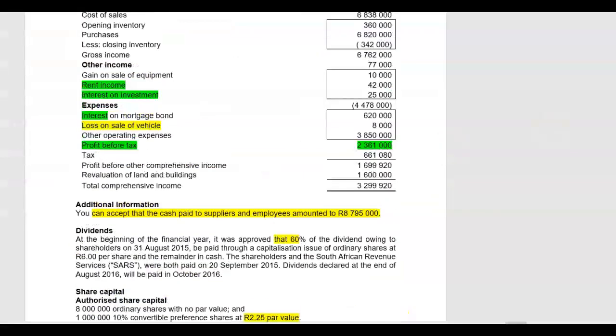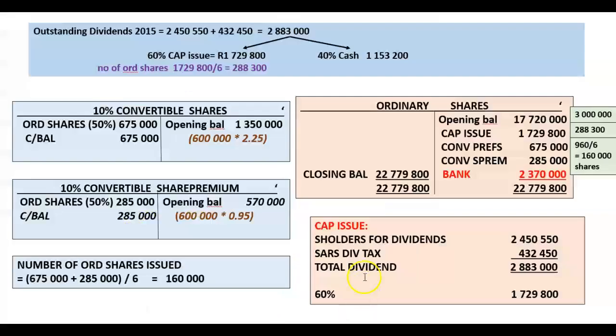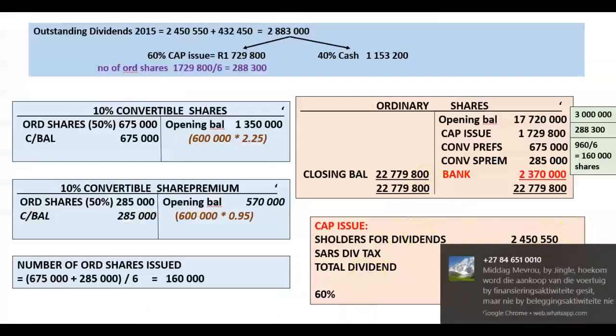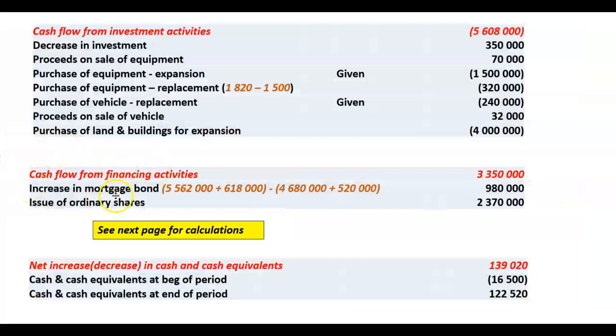Going back to my statement of financial position, I know that my closing balance on my ordinary share capital account is 22,779,800, and that means my balancing figure equals the proceeds on the issue of shares, 2,370,000. So under my financing activities, proceeds of the issue of ordinary shares, 2,370,000.